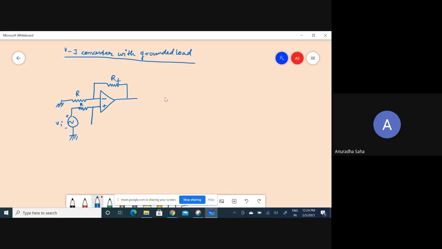So where is the load resistance? The load resistance is here. I am giving it as load impedance.